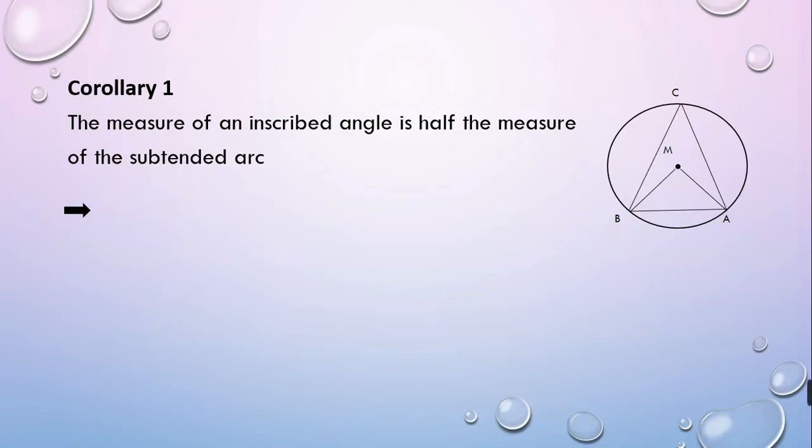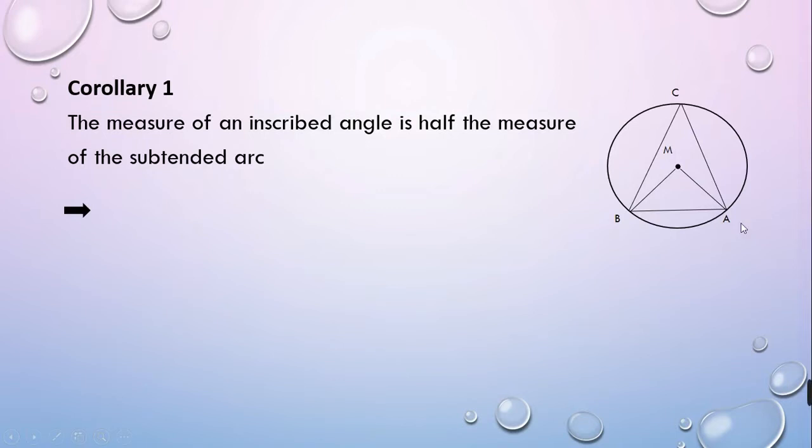And we studied also that the measure of the inscribed angle is half the measure of the central angle which subtends the same arc. So the central angle is equal to the measure of the arc, then the measure of the inscribed angle is half the measure of the subtended arc.